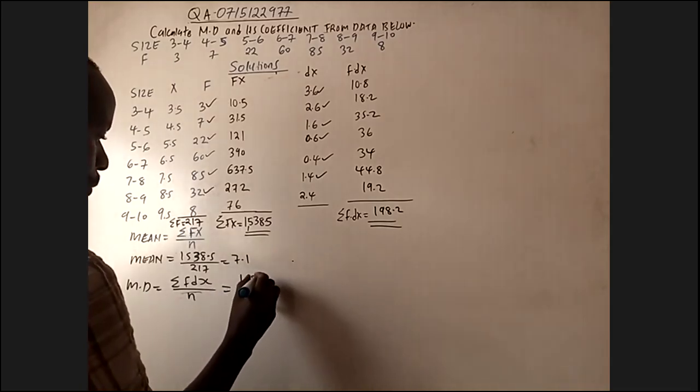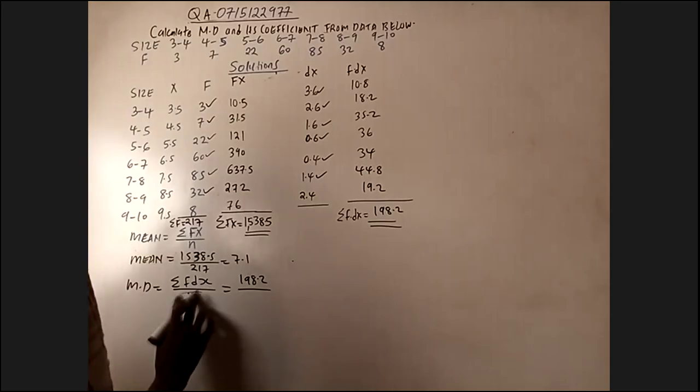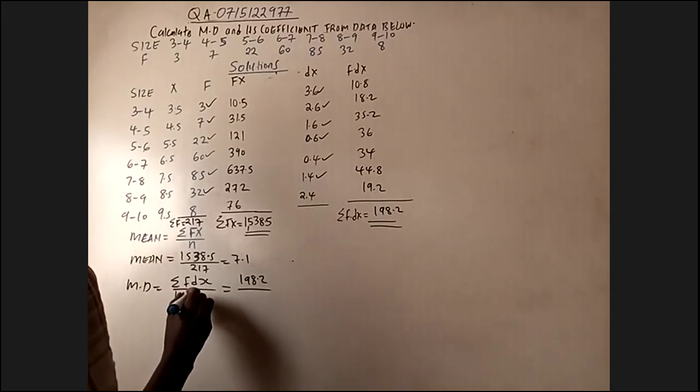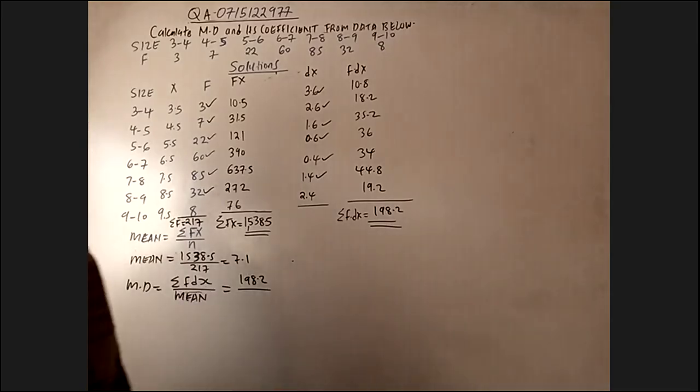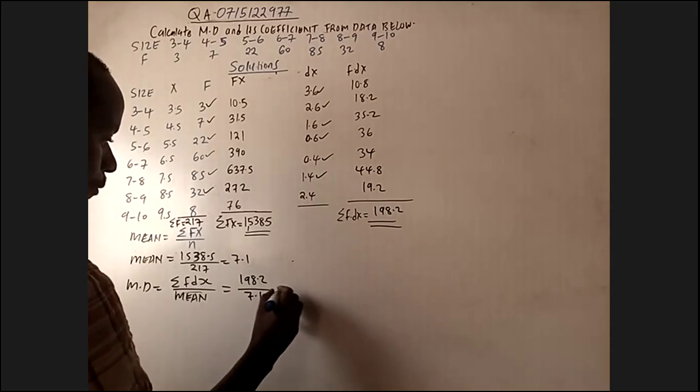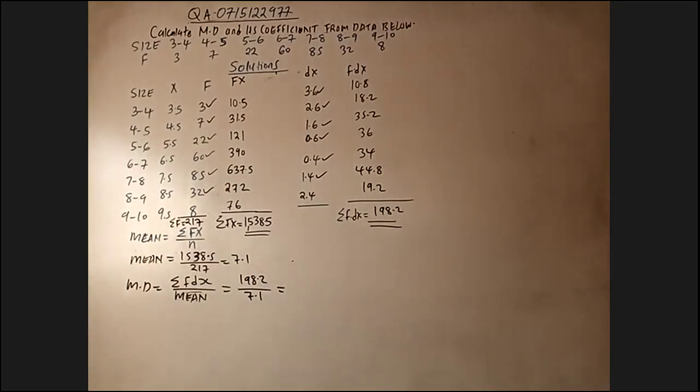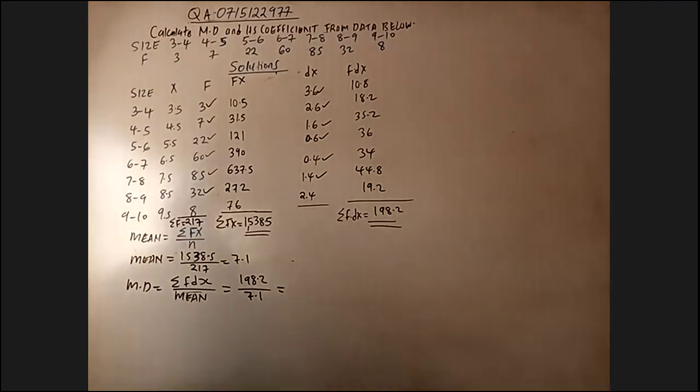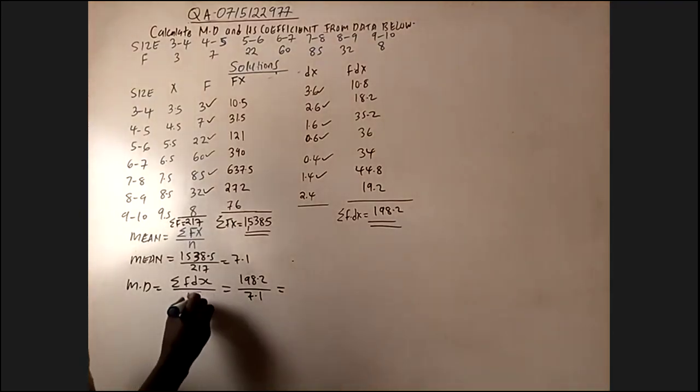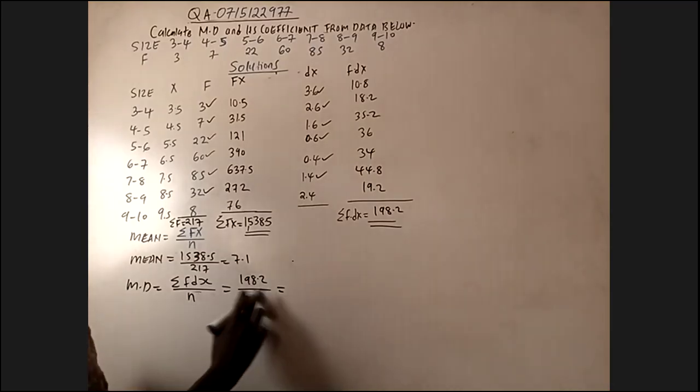So we take 198.2 divided by n, and our n is 217.